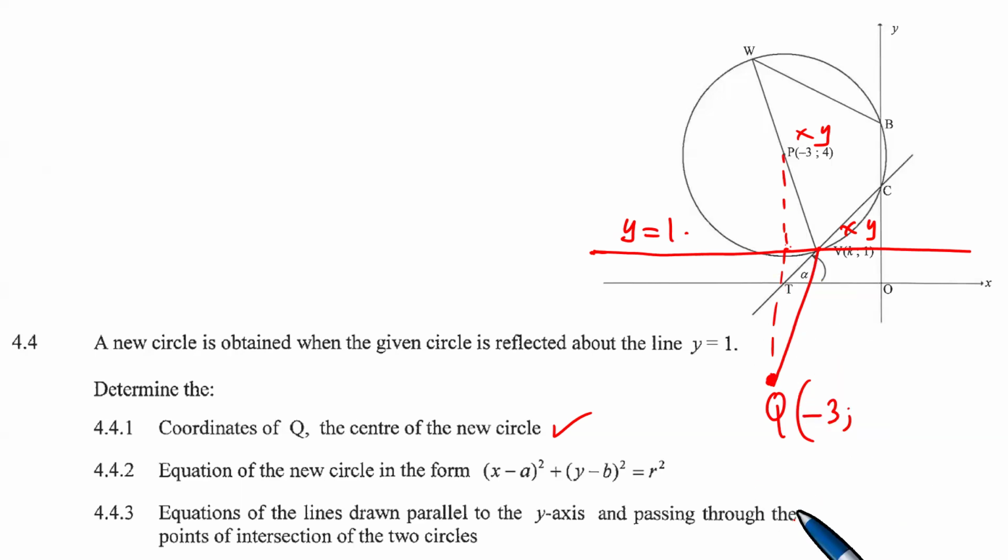It's only the y that's going to be different. Y is 1 here, but y is 4 there, and the difference is 3 units. So you do another 3 units here.